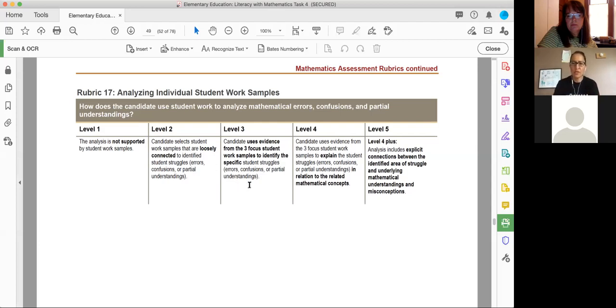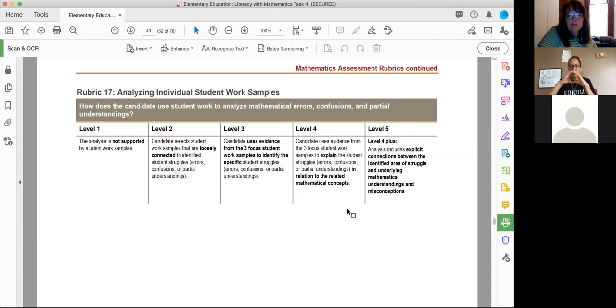Level 4 says candidate uses evidence from the 3 focus students to explain the student struggles in relation to the related mathematical concepts. So again, if you think of a Venn diagram, you have your student work right here, you're always including that. You have your mathematical concept that you're talking about. So if it's procedural knowledge, that's the other part of the Venn diagram.